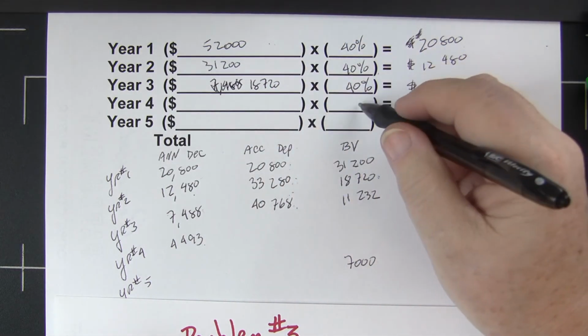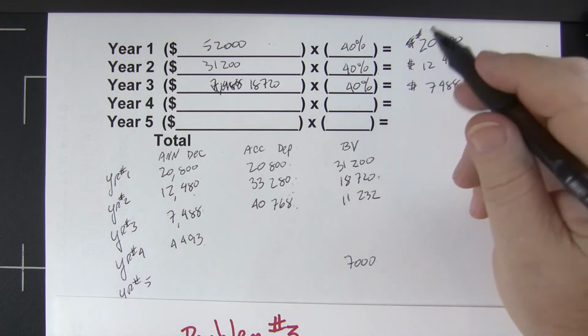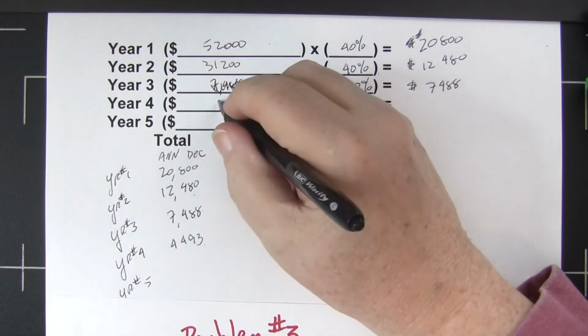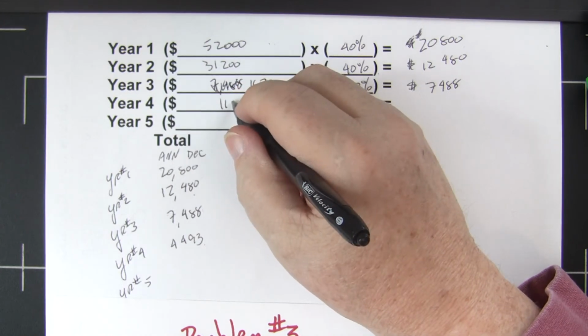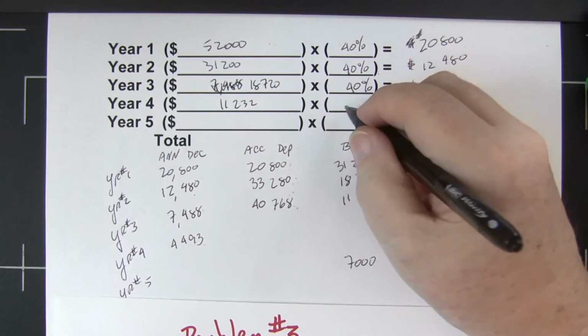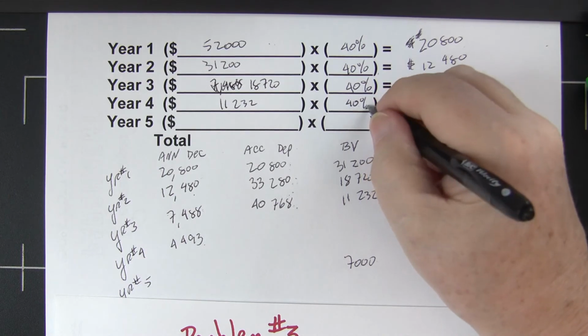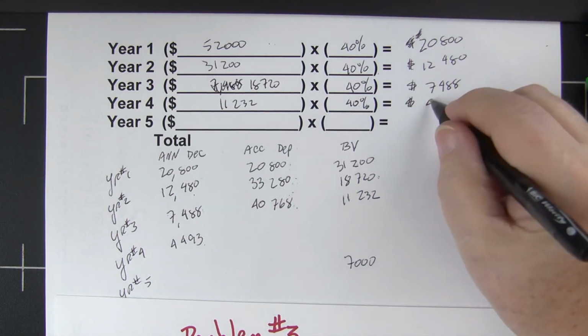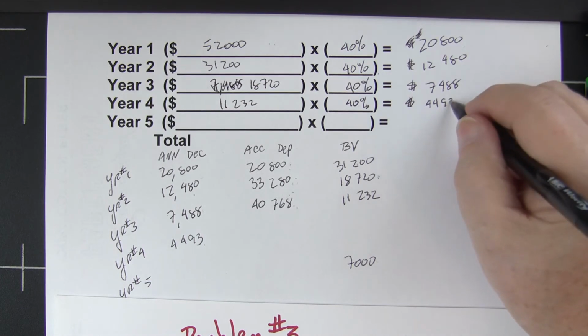Okay, so let's put our book value in here. And that was 11,232 times 40%, which gives us 4,493.